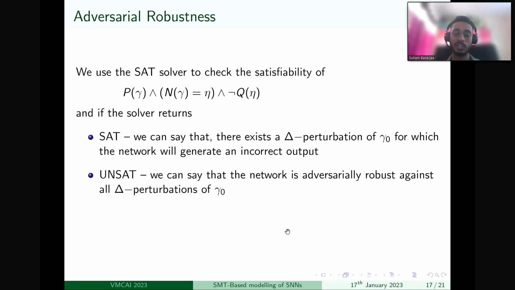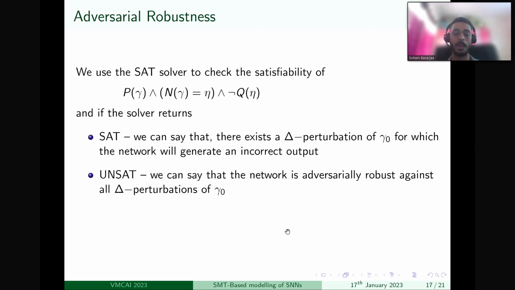If the solver returns UNSAT, which means there is no perturbation of gamma naught for which the network fails to give the correct output, then our network is adversarially robust against all delta perturbations of gamma naught.